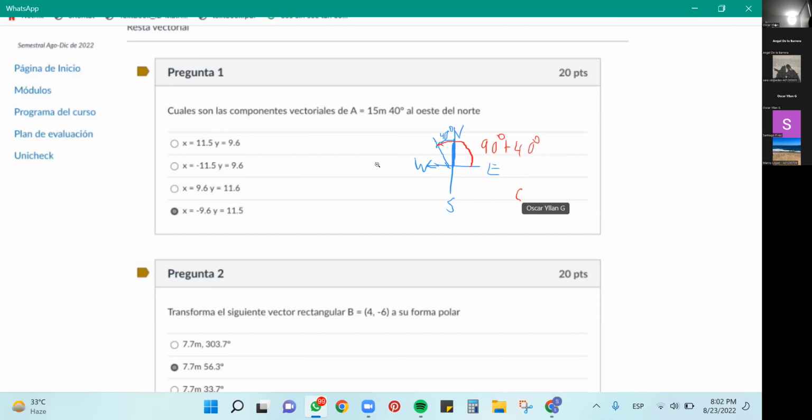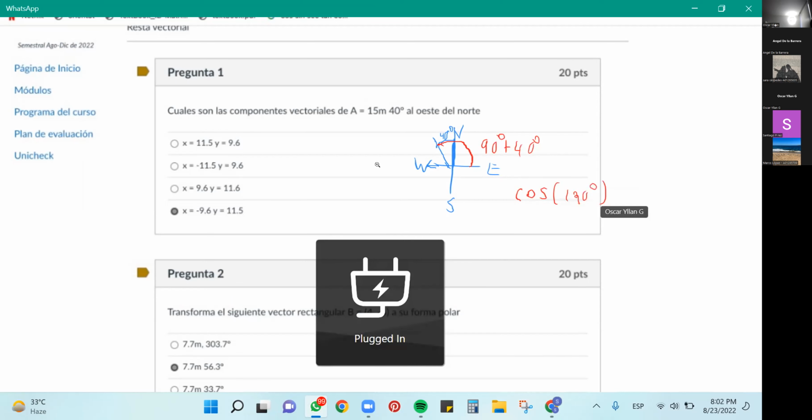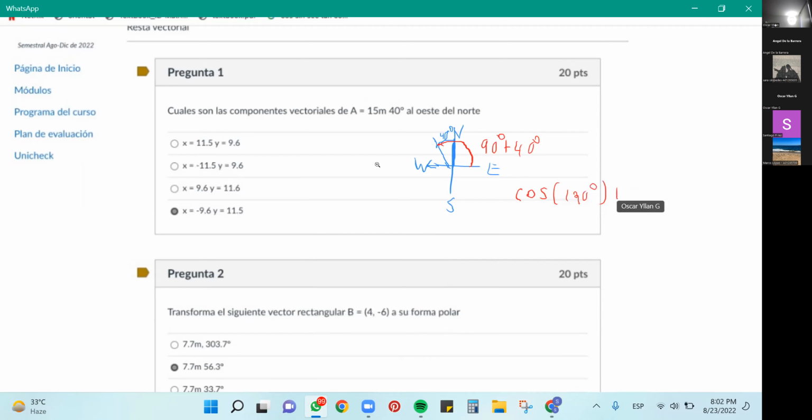So you will have cosine of 90 plus 40, that is 130 degrees, times 15, and sine of 130 times 15, right? Yes. So the cosine will give negative 9.